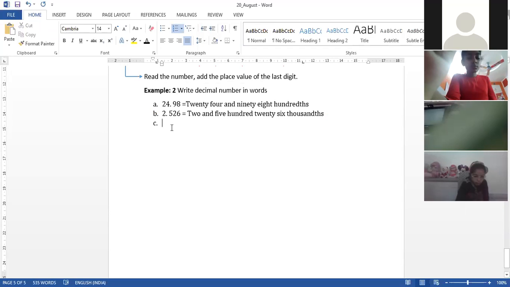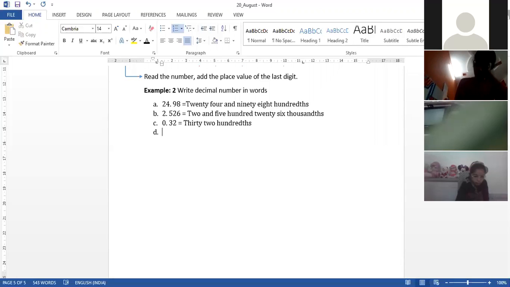C question, note down: .32. How to write? 32 hundredths. Firstly, the digit before the decimal is 0, so no need to mention anything. 32 hundredths.